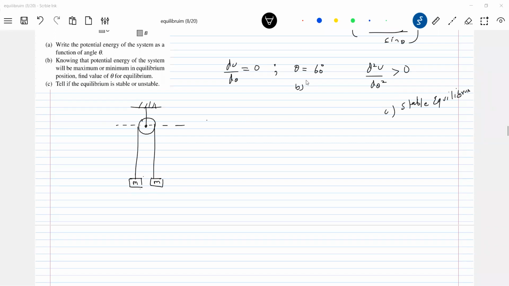You slightly displace it. When you displace this one, check now. Any restoring forces? Nothing, no? So what do you mean by that? Neutral equilibrium. You displace the position, again the net force will be zero.